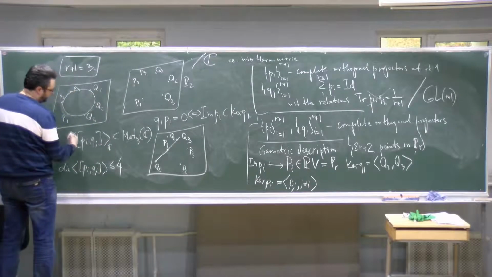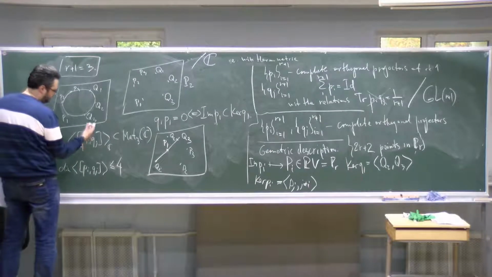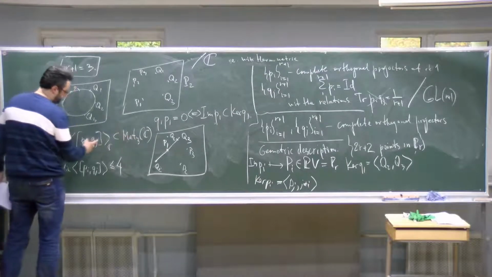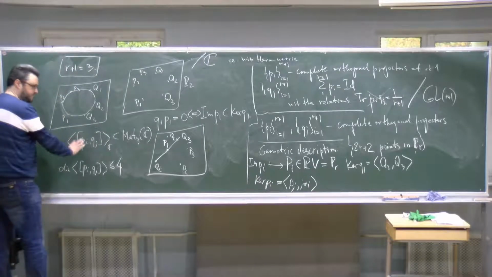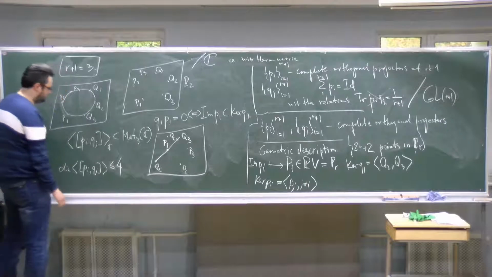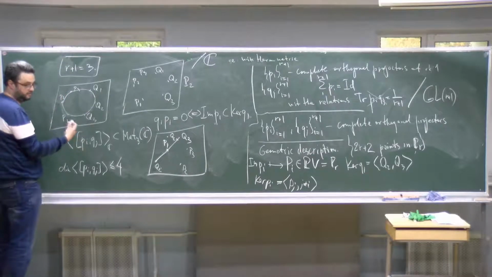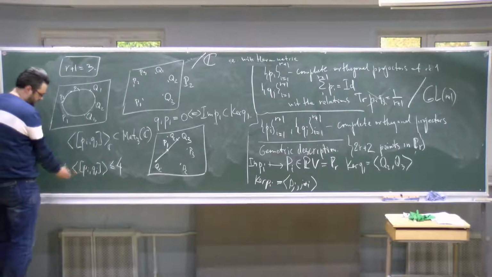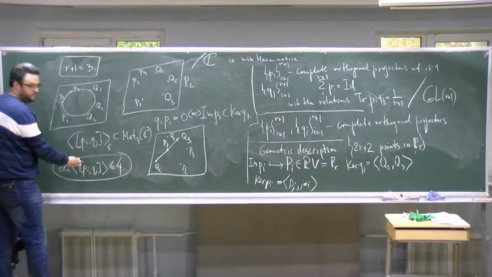I consider the subspace in matrices generated by all commutators. There are 9 commutators, but they are linearly dependent, so this inequality is always true.